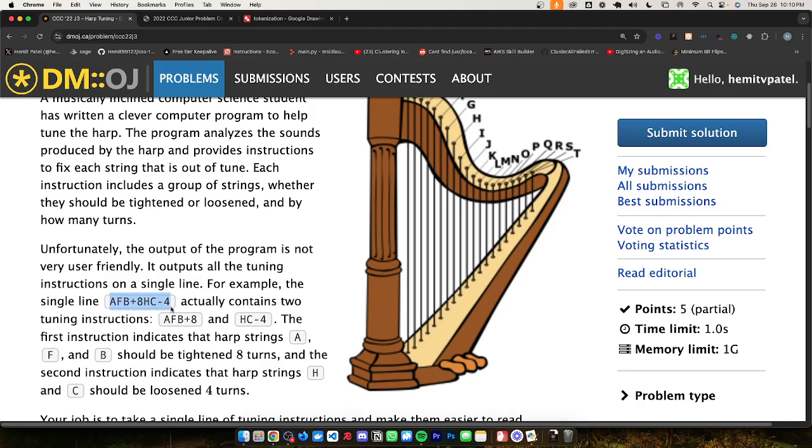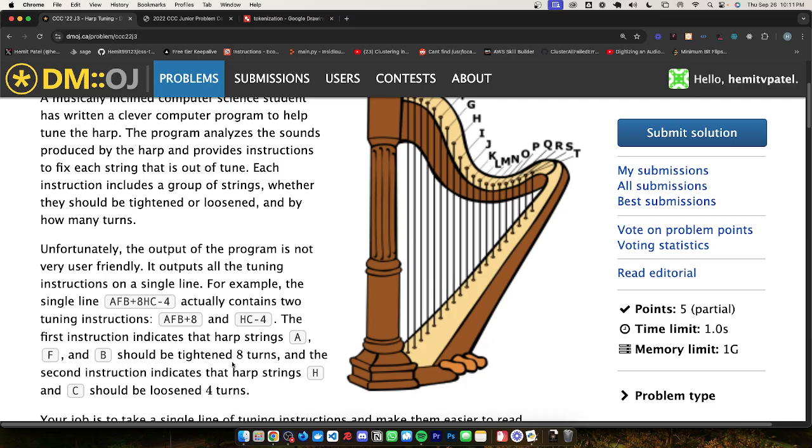You can see this actually contains two tuning instructions, which are AFB plus 8 and HC minus 4. The first instruction indicates that harp strings A, F, B should be tightened 8 turns.